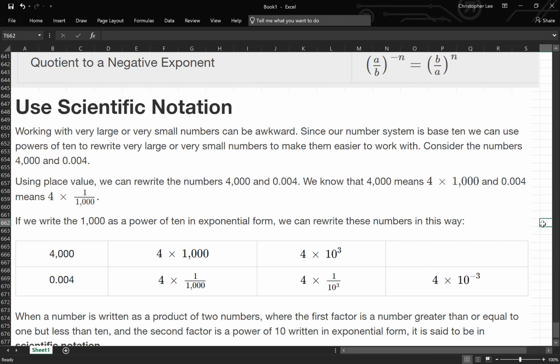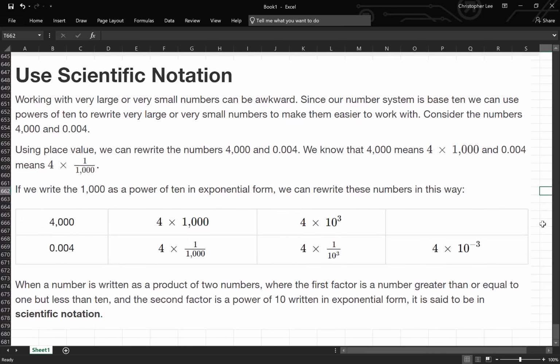4,000 is 4 times 1,000, or 4 times 10 to the third power, right? And 0.004 is 4 times 1 over 1,000, or 4 times 1 over 10 to the third power, which we know is 4 times 10 to the negative 3 power.